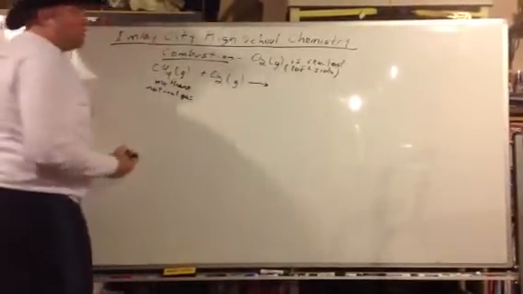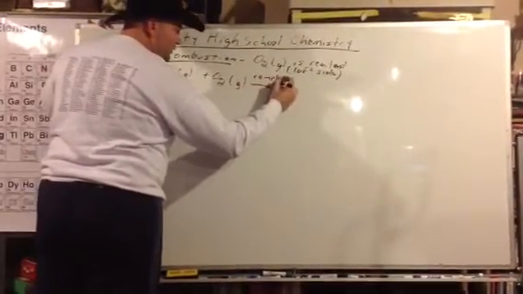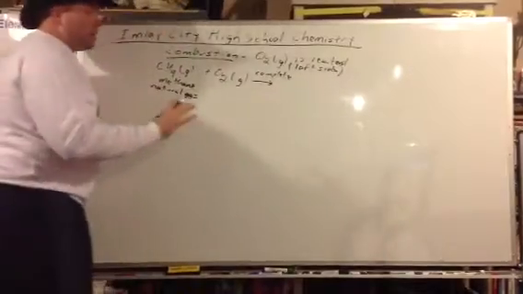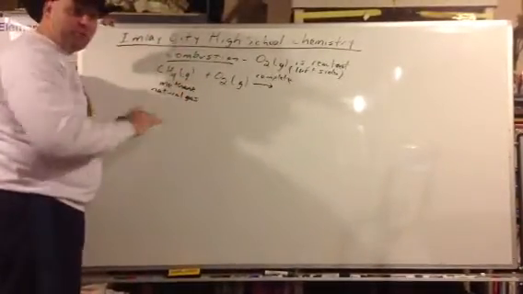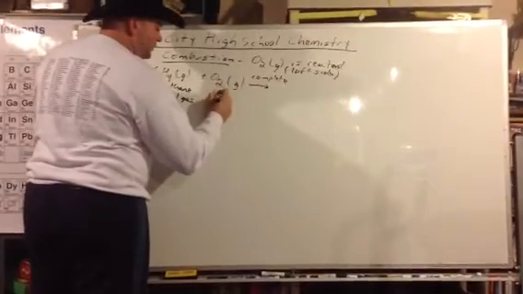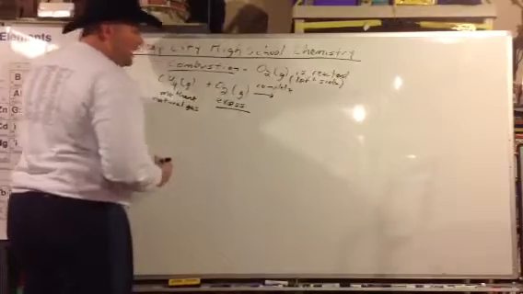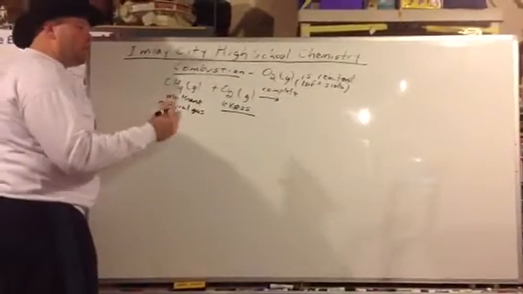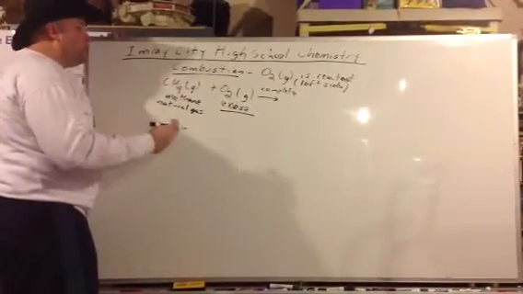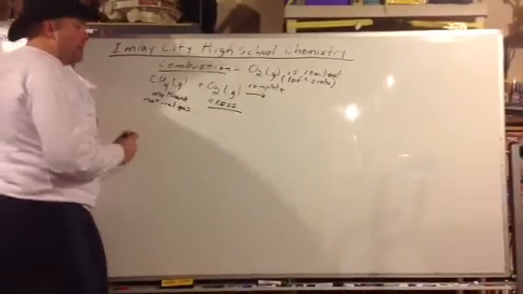And we're going to make this a complete combustion reaction, because there are two general types of combustion reactions. There's complete and then there's incomplete. In complete combustion, the amount of oxygen that we have present is in excess. What that means is there's more than enough oxygen to react with your methane gas.